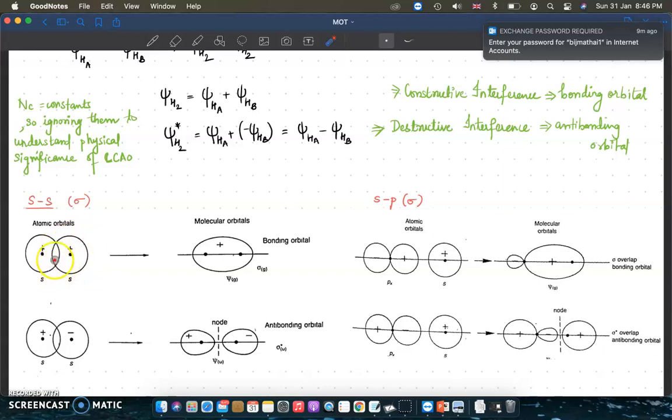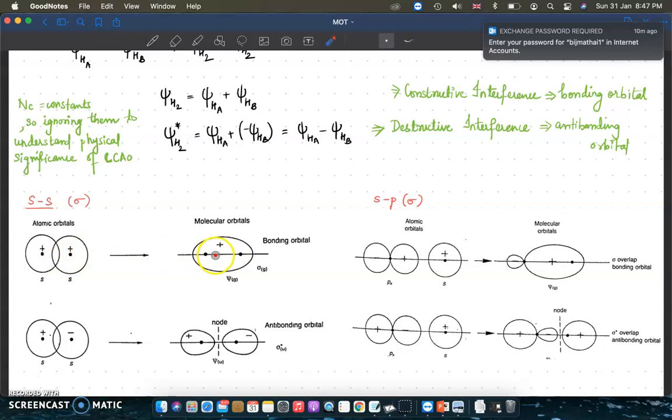I told you that when the atomic orbitals overlap and bonding happens, this overlap leads to a new set of orbitals, which are called the molecular orbitals. You can see these are not localized on the nuclei, but spread over the whole molecule, which contains two nuclei of hydrogen atoms. So the bonding electrons belong to both the nuclei in common. That is the difference between valence bond theory and molecular orbital theory.